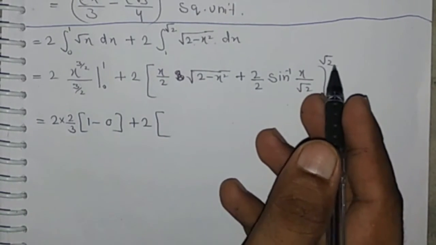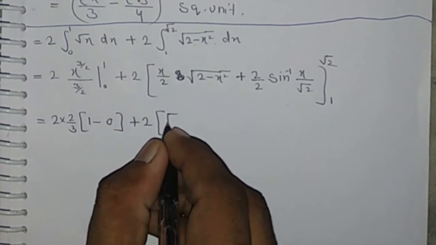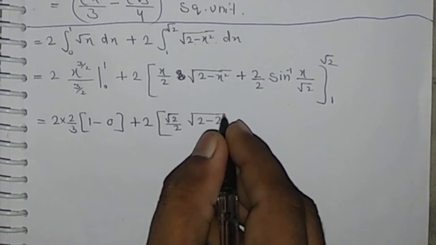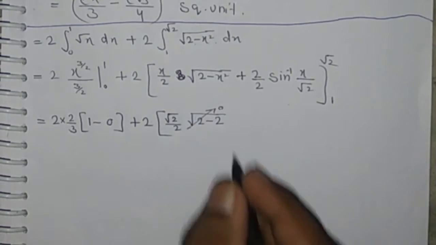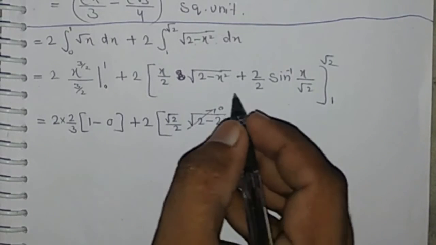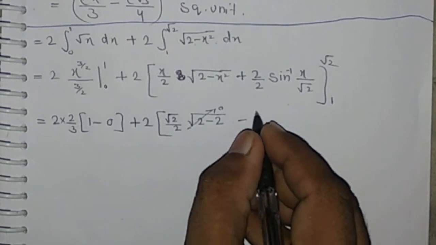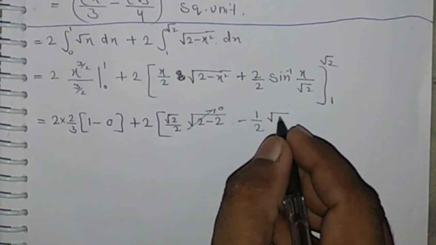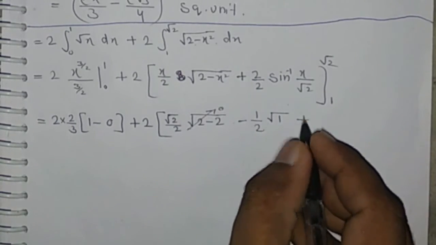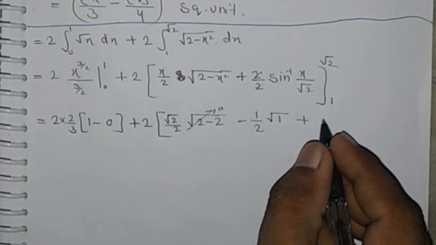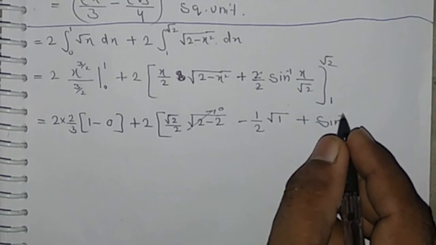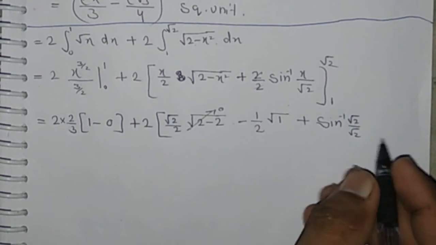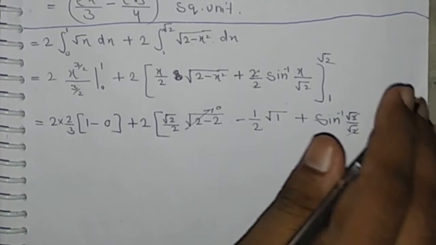Put the upper limit: root 2 by 2 times root of 2 minus root 2 square, which is 0, minus the lower limit, 1 by 2 times root of 2 minus 1, which is 1, plus 2 by 2 is 1 times sin inverse of x, which is root 2 by root 2, minus lower limit.